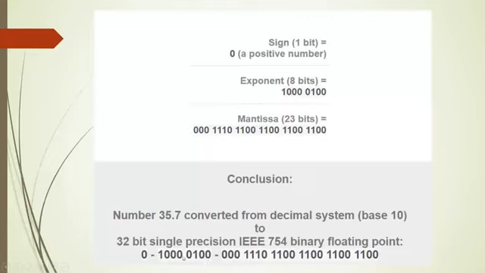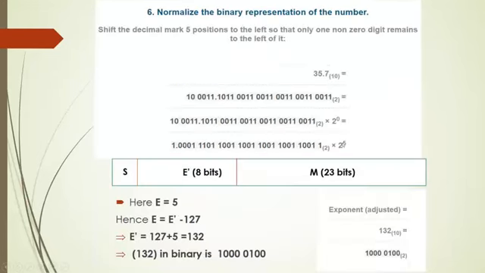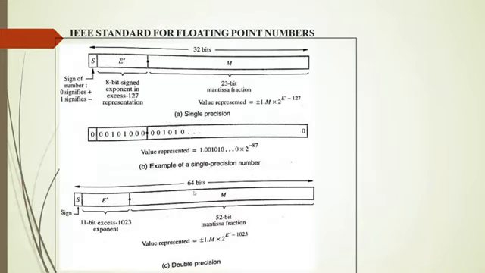Please understand that the exponent is always whatever the exponent is plus 127 when you are converting from decimal to binary. If it is the other way around, you need to subtract 127. I will show you that also. So it is easy to understand.